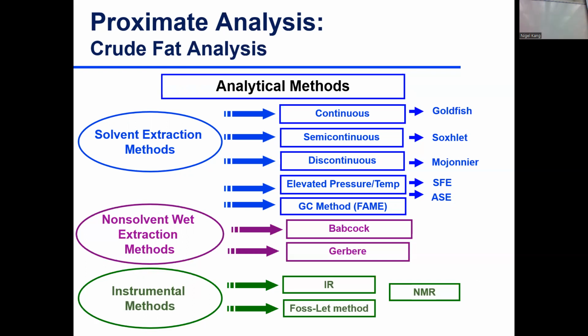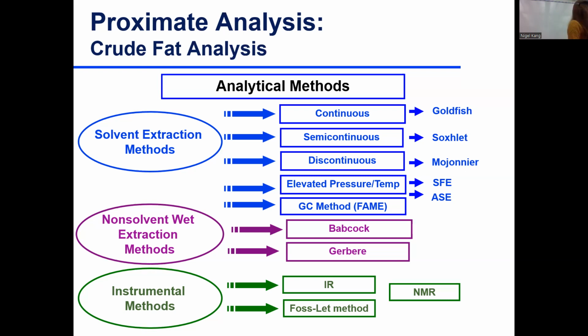A common continuous method is Goldfish. Semi-continuous like Soxhlet, which is an AOAC method. Discontinuous like Mojonnier, which is again an AOAC method. Elevated pressure temperature methods like supercritical fluid extraction and accelerated solvent extraction method or ASE.